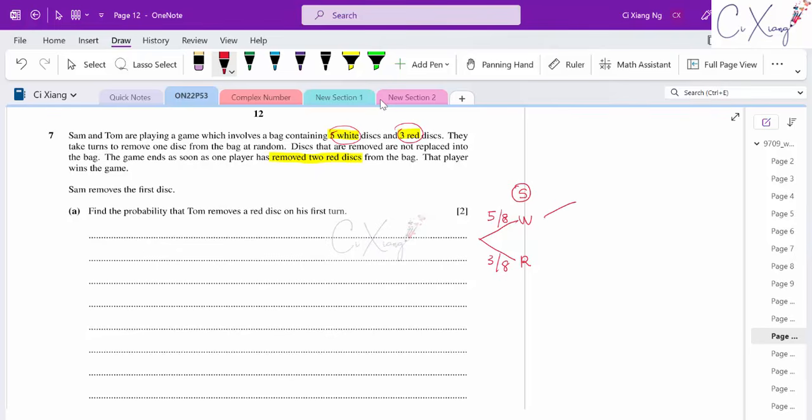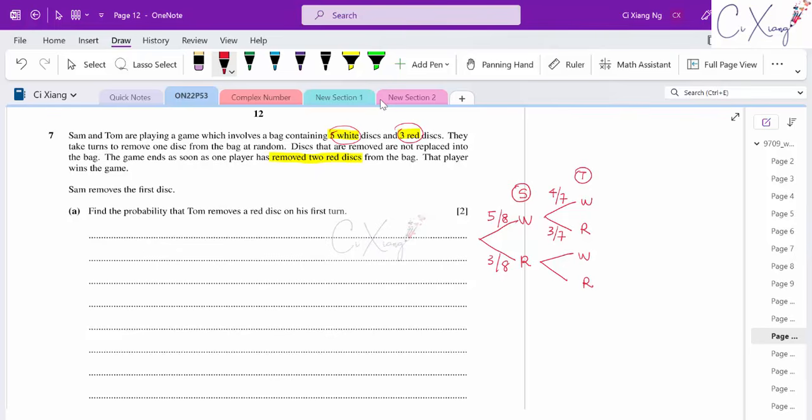After that, when the second disc is removed, it is actually by Tom. Again, I will have white or red. Okay, so given that the first disc removed is white, the second disc removed being white will be 4 over 7, and this one will be 3 over 7.